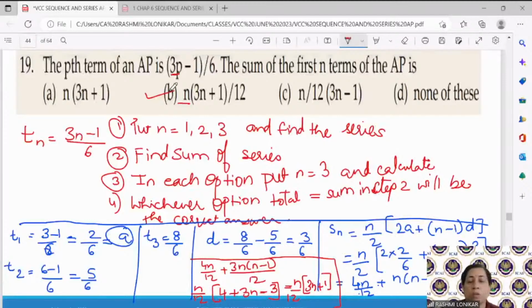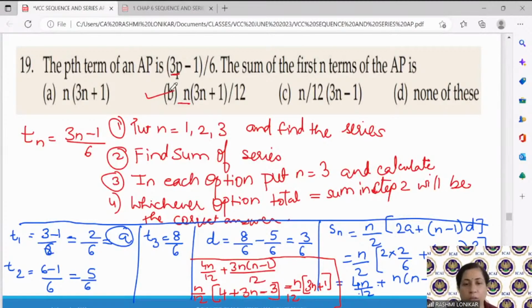So this is also a way of doing it, but I feel that in the exam, because there is pressure and because it's an MCQ, simply putting n as 3 and finding out is better, because this involves a lot of rearrangement. This has to be arranged in this form upon 12, so you have to make sure that you have a denominator of 12 and then arrange it accordingly.